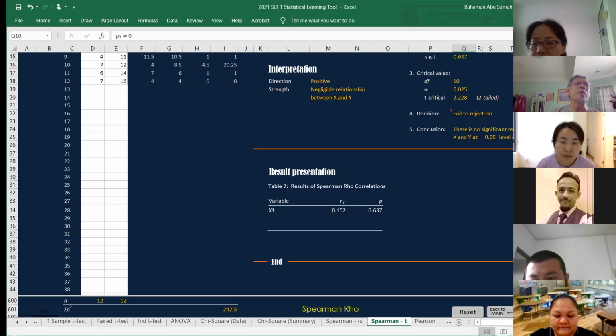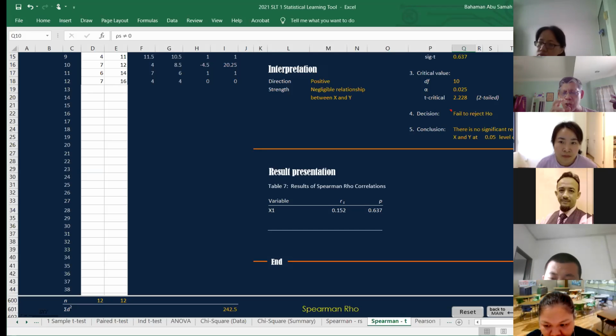So hopefully from assignment 7 until 9, I will see a more systematic presentation of the assignment answers to assignment 7, 8, and 9. Otherwise, I have output in between and I have to flip over a few pages, then only I have the answer for the next question, which is actually not good. That is not part of the answer. That is just to report the result for your SPSS.